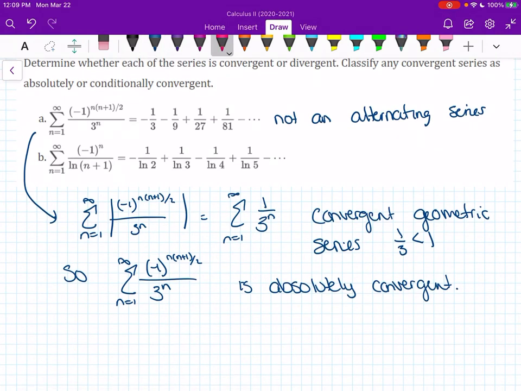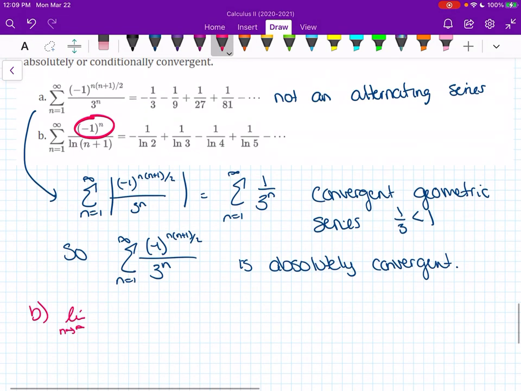For example B, this is an alternating series. Great, that's fantastic. Let's take the limit as n goes to infinity of 1 over the natural log of n plus 1, and that does in fact equal 0.